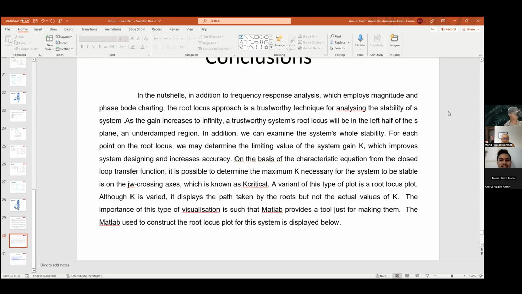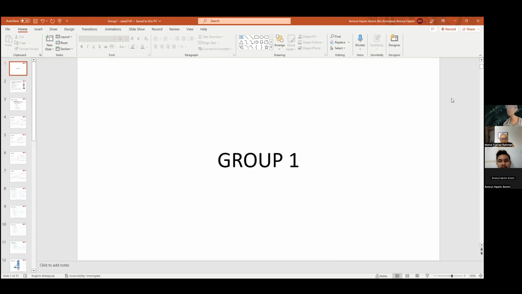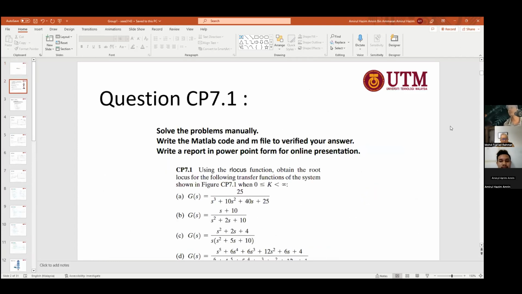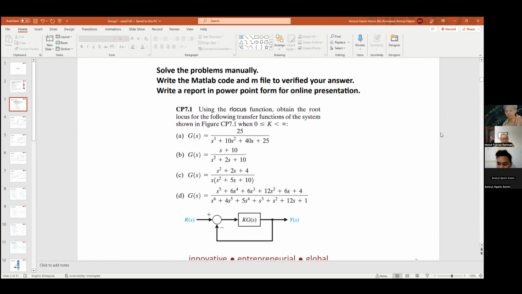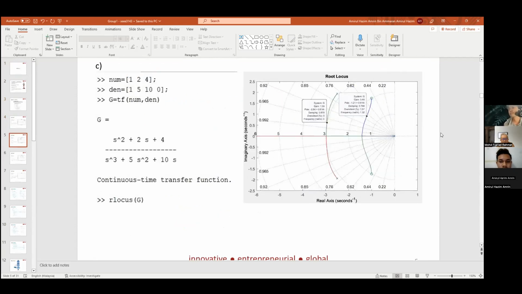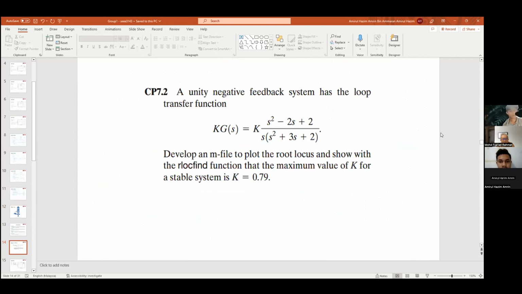Okay, tengok dia punya soalan. Ini nak root locus kan? Second question. Find the value, system stable. Okay.